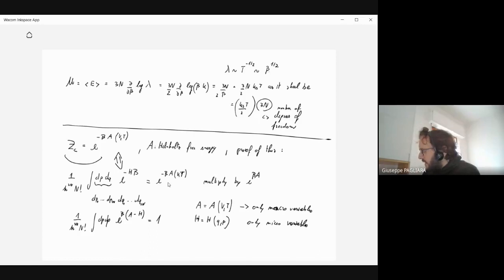Now let me differentiate this equation that I call asterisk with respect to beta. And let me change page.